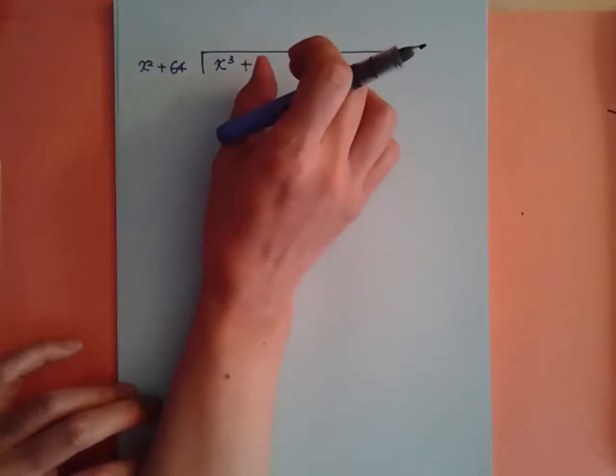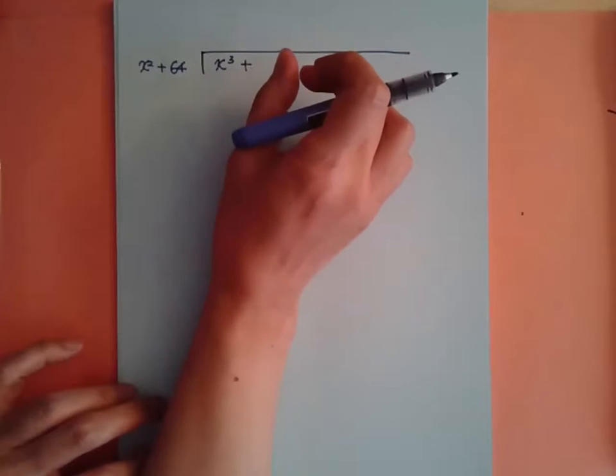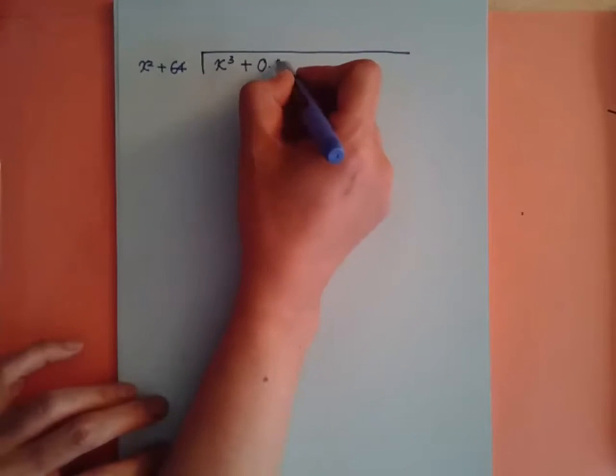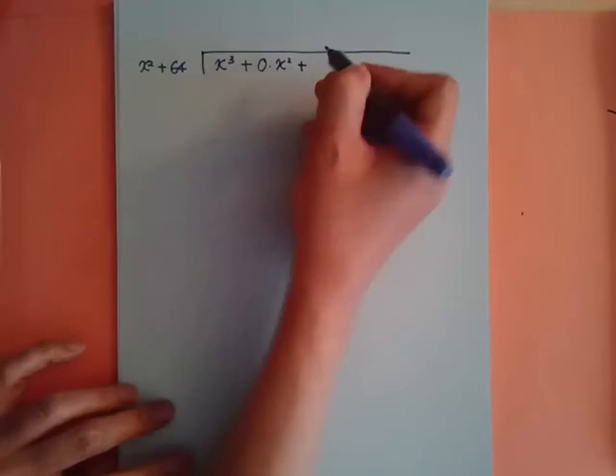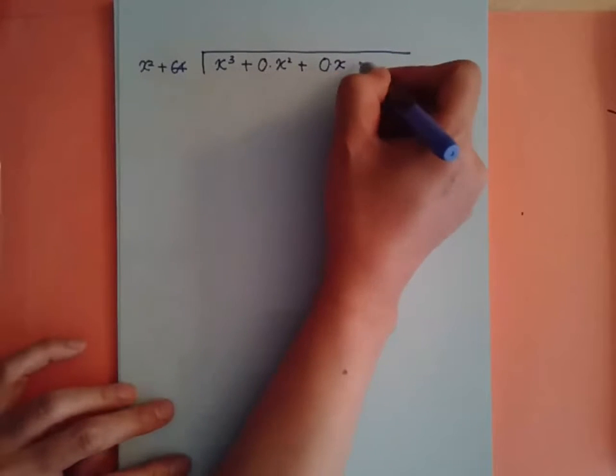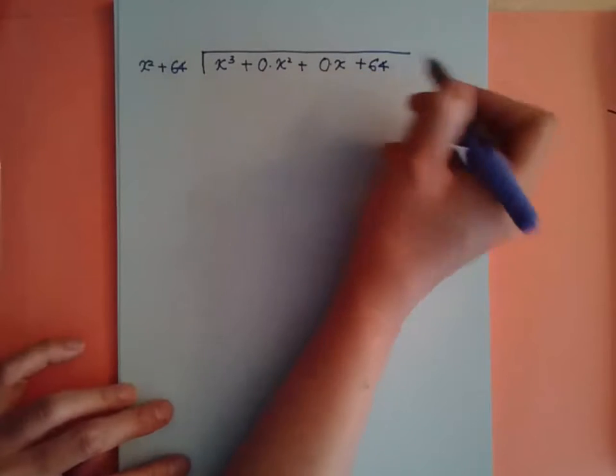If there is no degree 2 term in the given expression, then we write 0x squared. If there is no degree 1 term, then we write 0 times x plus 64.